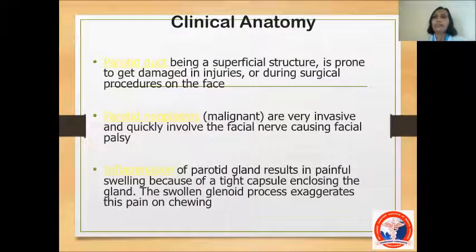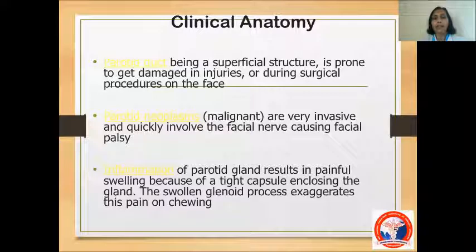Now we discuss the clinical anatomy of the gland. The parotid duct is superficially placed. Because of this location of the duct, it is prone to damage in facial injury, as well as other surgical procedures conducted on the face.